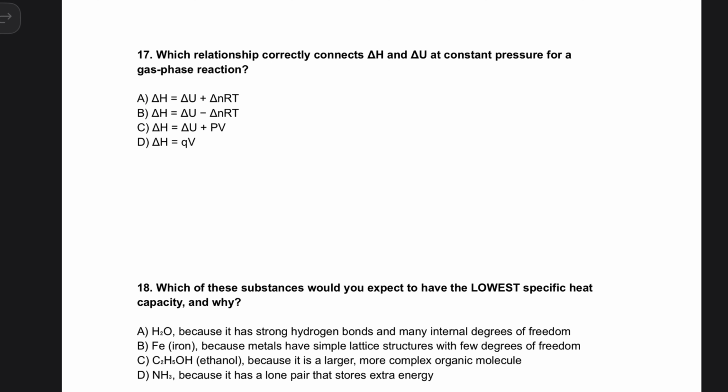Okay, question 17. Which relationship correctly connects delta H and delta U at constant pressure for a gas phase reaction? The formula that is given to us is that delta H equals delta U plus pressure times change in volume. This is not quite usable because it has to be change in volume, so we have to convert it to the other form where we use PV equals nRT.